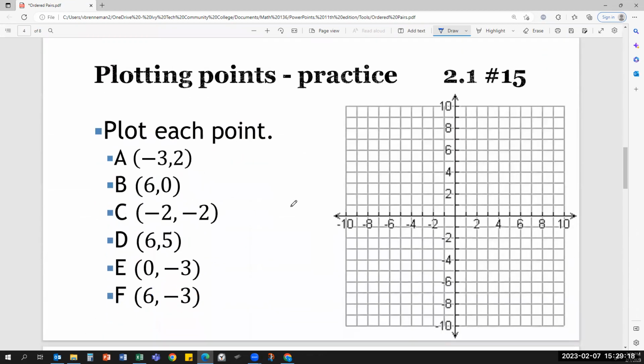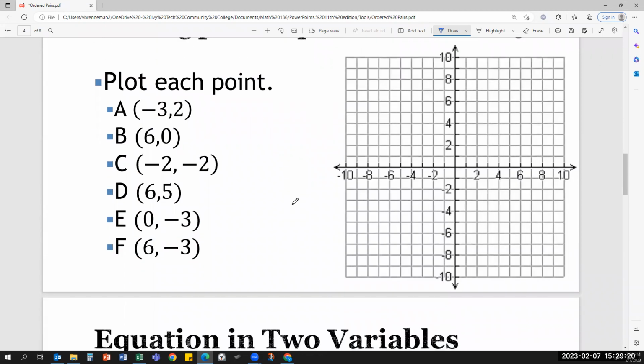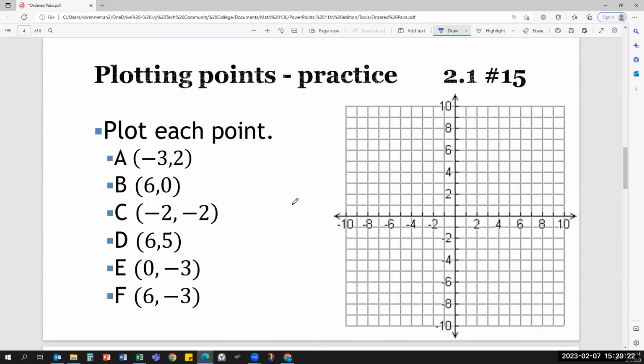So plotting points you need to be comfortable doing. Looking at these, (-3, 2) means from the origin we go -3 on the x, or 3 units to the left of the origin, and then 2 units up. And so we have the point (-3, 2).